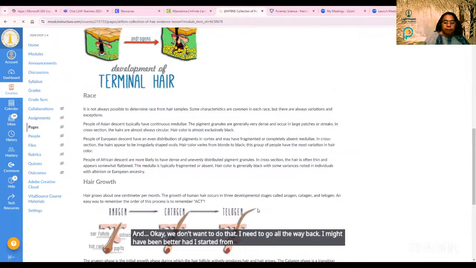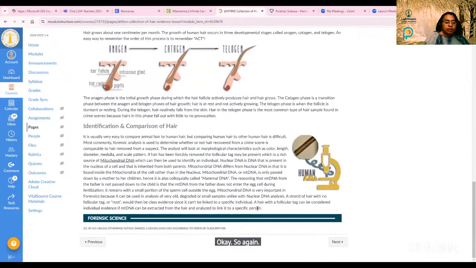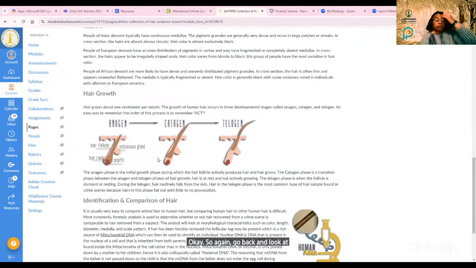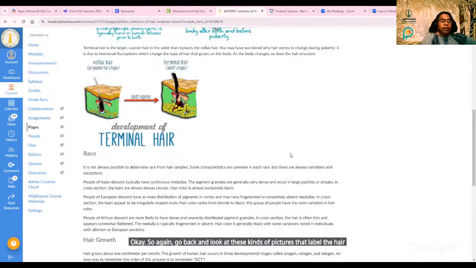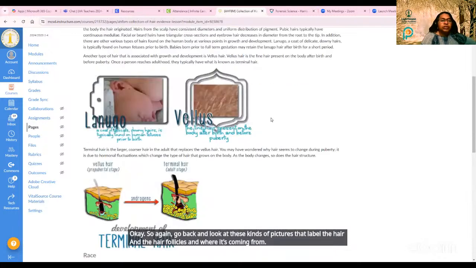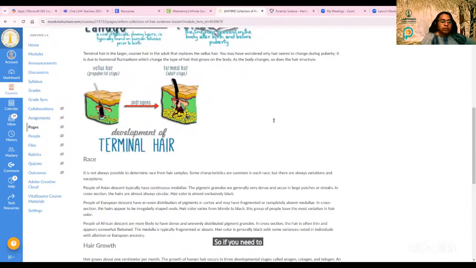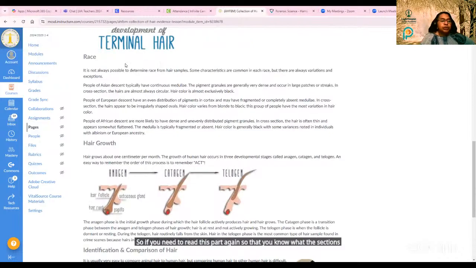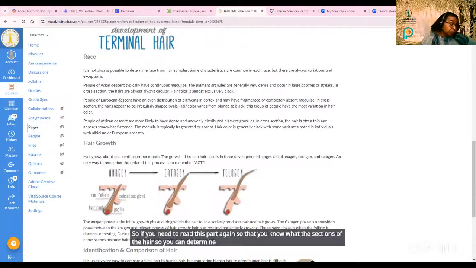Okay, so again, go back and look at these kinds of pictures that label the hair and the hair follicles and where it's coming from. So if you need to read this part again so that you know the sections of the hair, you can determine what you can determine by looking at the type of hair.